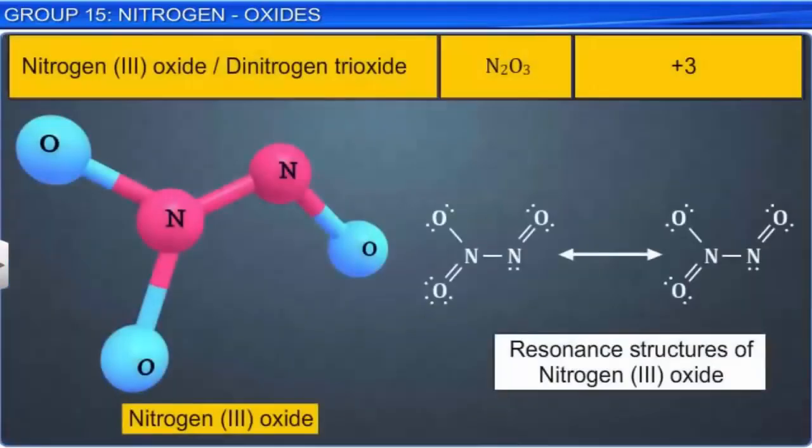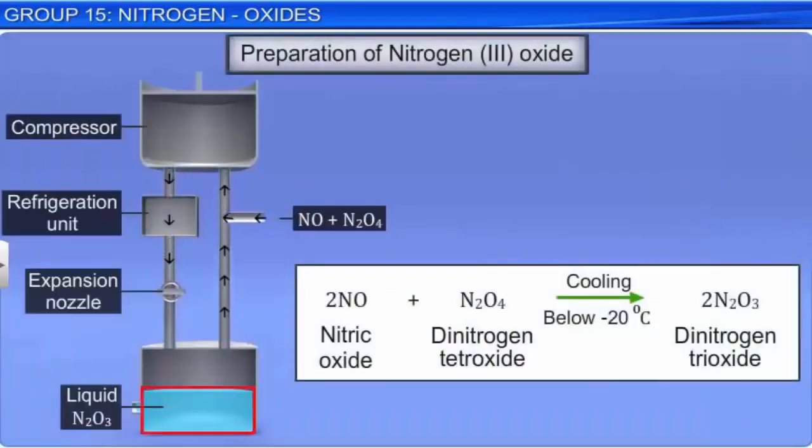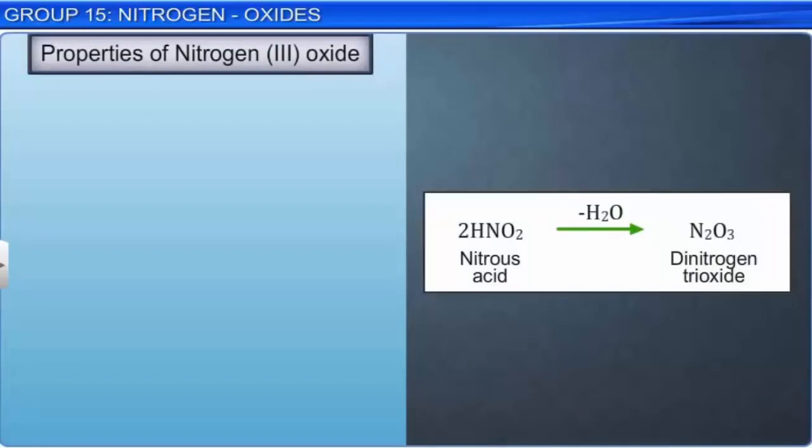Nitrogen 3 oxide, also referred to as dinitrogen trioxide or nitrogen sesquioxide, is obtained as a blue liquid when a mixture of nitric oxide and nitrogen dioxide or dinitrogen tetroxide is cooled to below -20 degrees Celsius. You can see from the equation that dinitrogen trioxide is anhydride of nitrous acid.